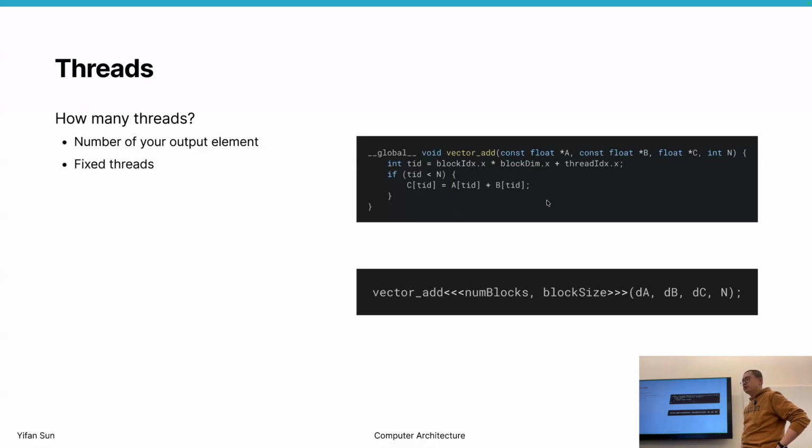But sometimes we also write it in a way that fixes the number of threads. Let's say your GPU can run 4,000 threads at a time, we just have 4,000 threads, then let each thread do more things. That's also a very common way. And in my previous profiling, the fixed-thread implementation can be a few times faster than just having the same number of threads as your output elements.